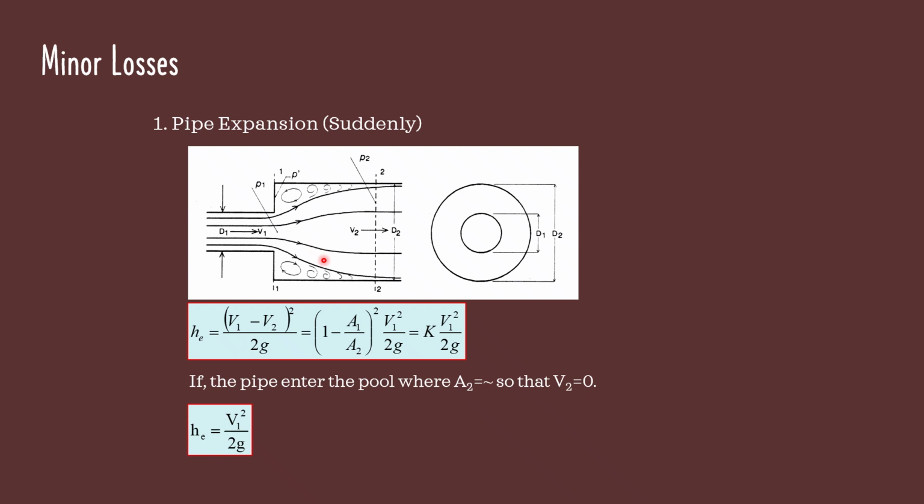This is the expansion of the diameter, so it will cause energy losses, and the pipe expansion will make the minor losses.